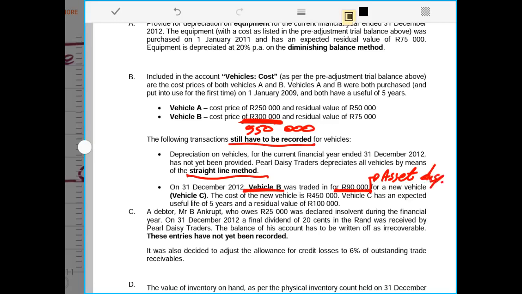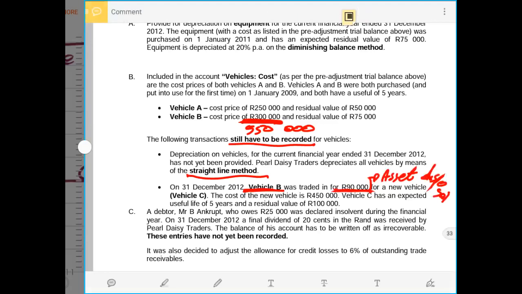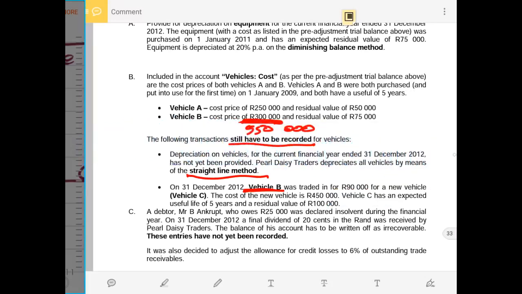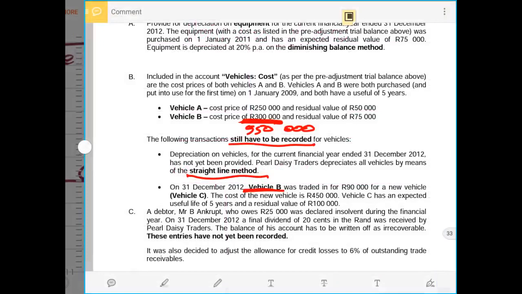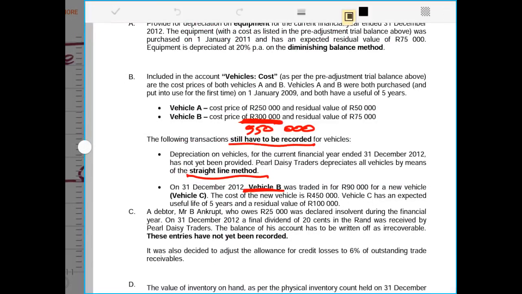The value, asset disposal, the value or the price in which the asset was traded in or sold will go to the asset disposal. But in the ledger account for the asset that was disposed or traded in, we record the cost because the cost was included in that opening balance, as I have shown you that the 550,000 rands is the sum of the two vehicles, being 250,000 rands plus 300,000.